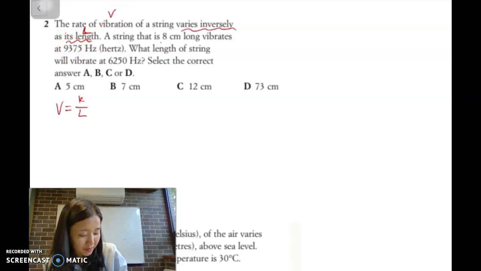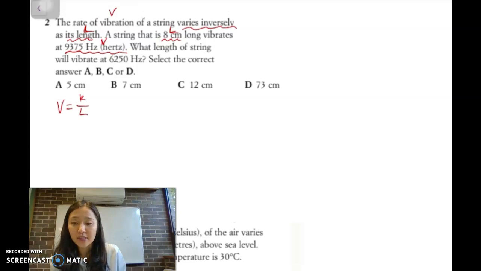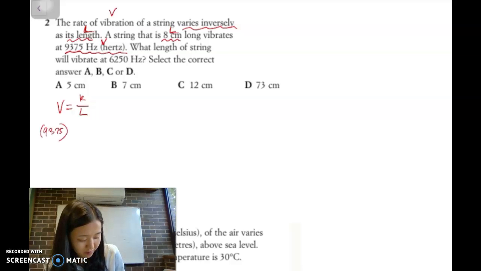So 8 centimeters is the length of the string, and that must be the rate, so let's call that V. That's a specific condition that we can substitute into my general equation here. And so V, 9375, is equal to K over L, which is 8.